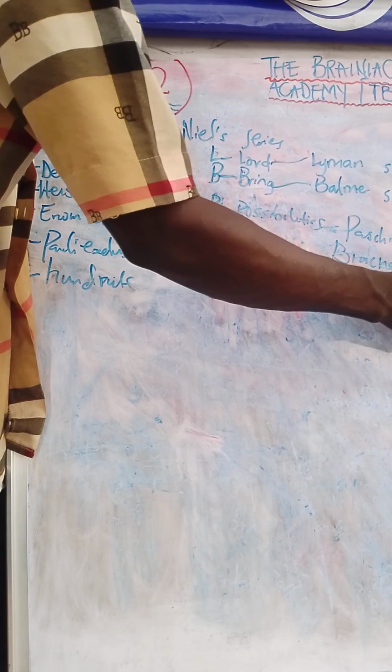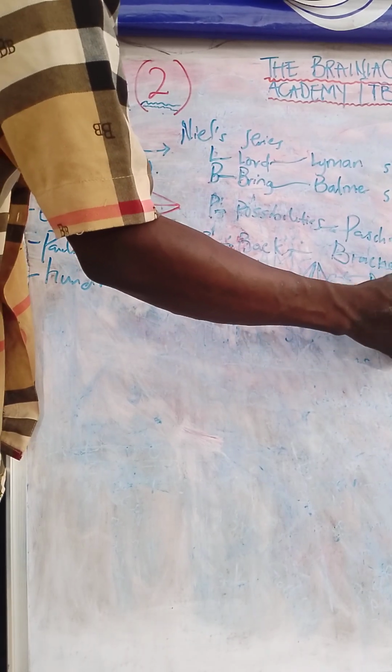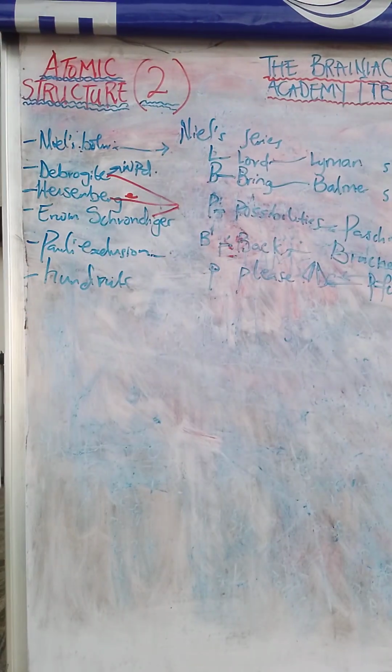Then P here will be your Pfund series. You get like that? Your Lyman, your Balmer, your Paschen, your Brackett and Pfund, that's from your Lord, please bring possibilities back.